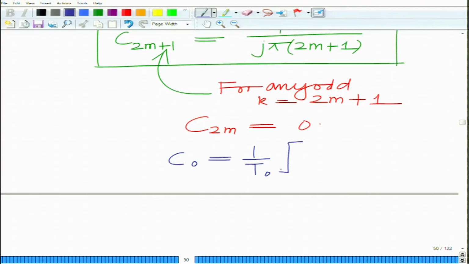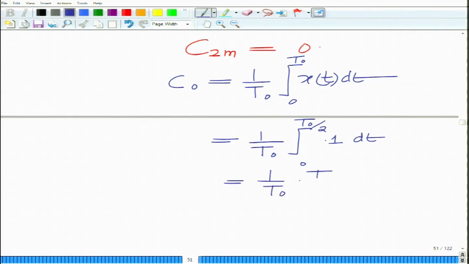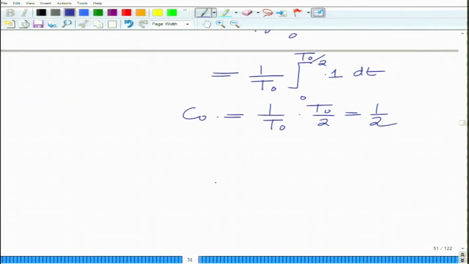So, this is 1 over T naught, the time average of the signal, integral from 0 to T naught of x t dt, which is 1 over T naught times the integral of 1 dt over 0 to T naught over 2, which is 1 over T naught into T naught over 2. So, this C naught is equal to half.